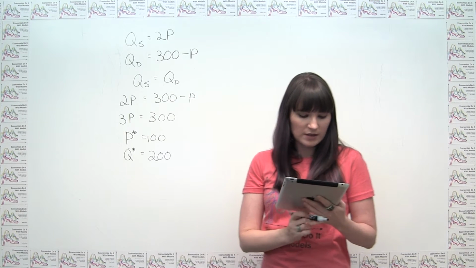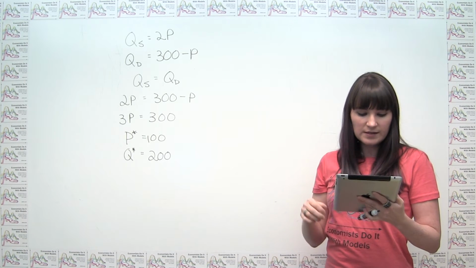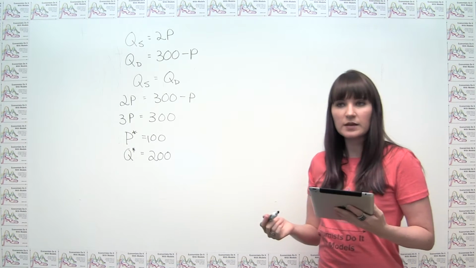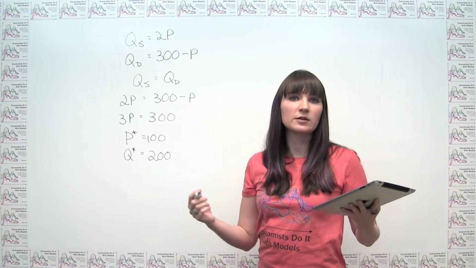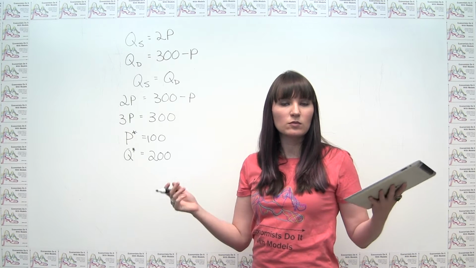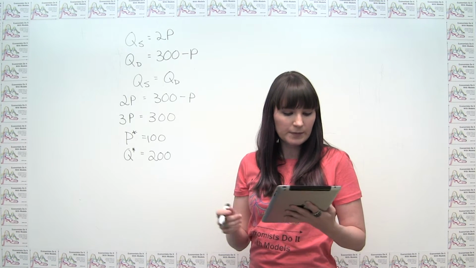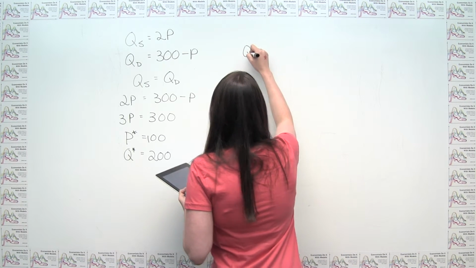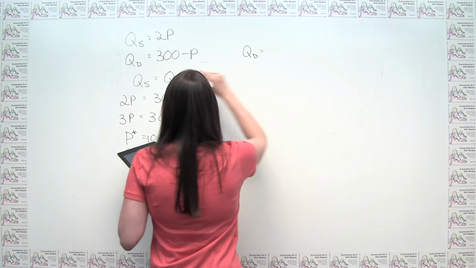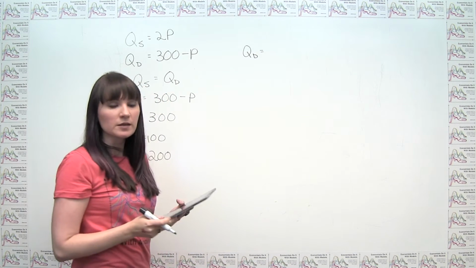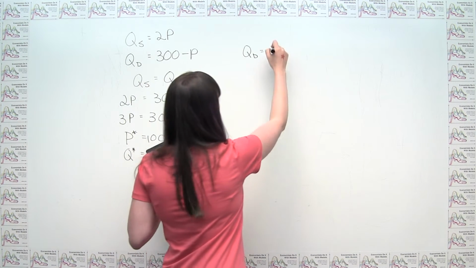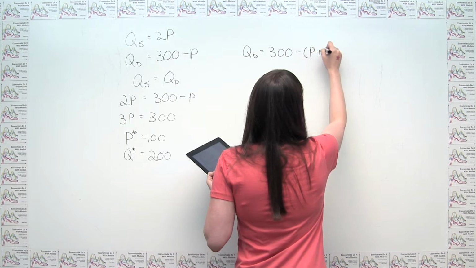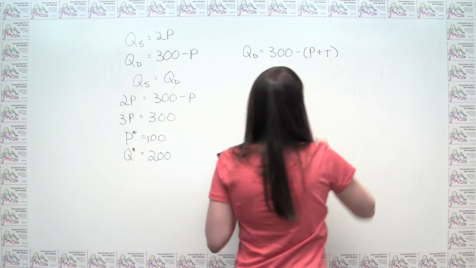Part B of the question now says, suppose that a tax of an amount T is placed on buyers. And then it specifically gives us the new demand equation, so it's actually trying to make this easier for us than it would be otherwise. It says that the quantity demanded once the tax is put in place is not just 300 minus P, it's equal to 300 minus (P plus T).